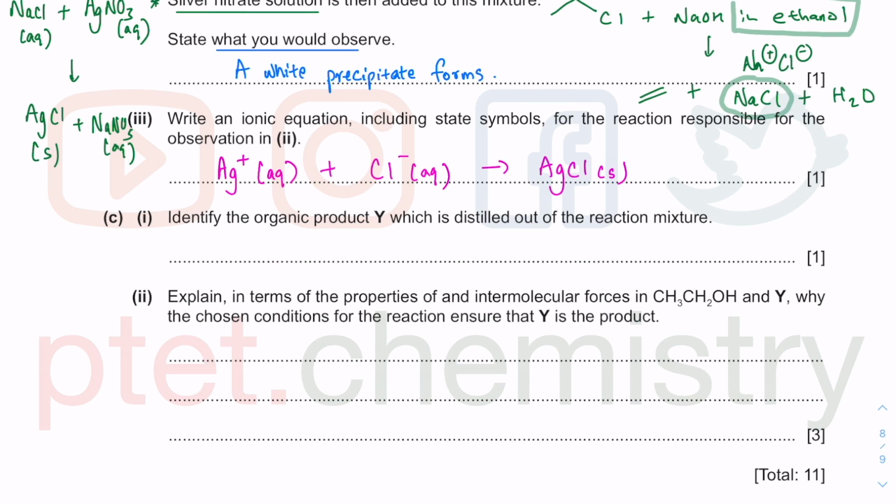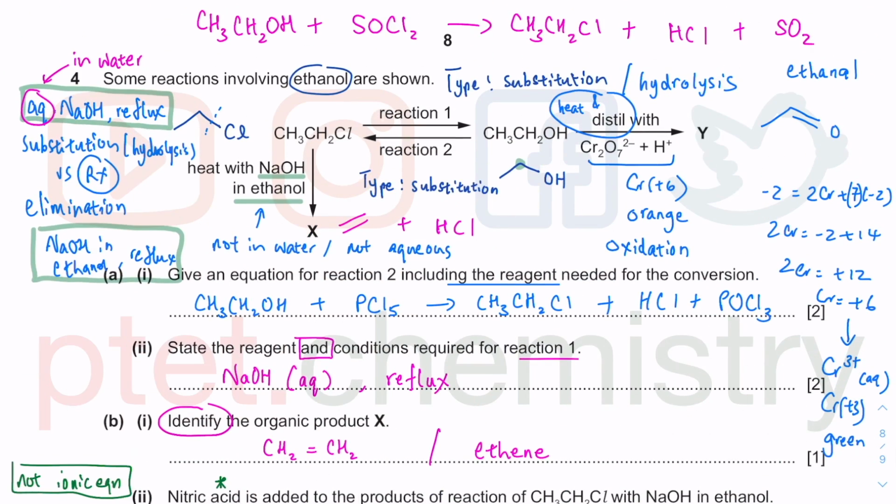Last two bits of this whole paper: identify the organic product that was distilled out. If you look at the formation of wine, as mentioned earlier, it was about heat and distill with an oxidizing agent. Oxidation of primary alcohol could give you carboxylic acid if you reflux it, but it will give you aldehyde if you heat and distill immediately. So Y is ethanal, or CH3CHO.